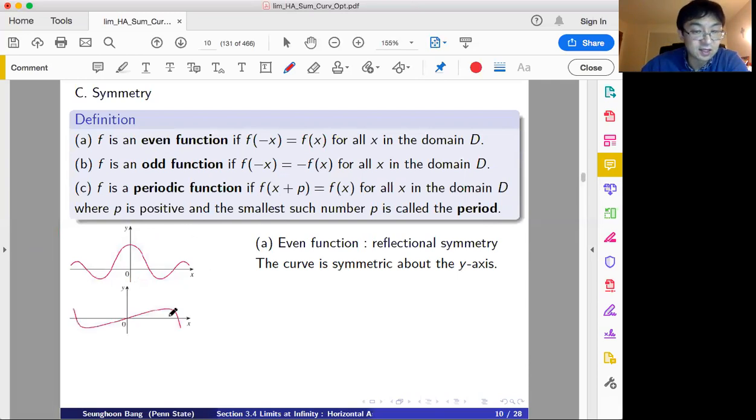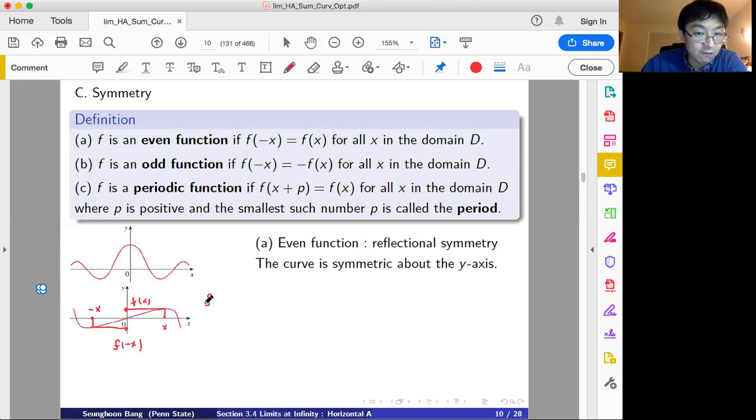This is an odd function. You choose two points. This value is minus x, this value is x. You can find the function values: this one is f of x, and this one is f of minus x. What's the relation?